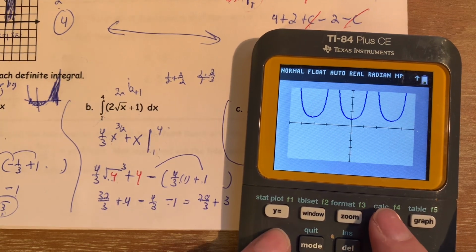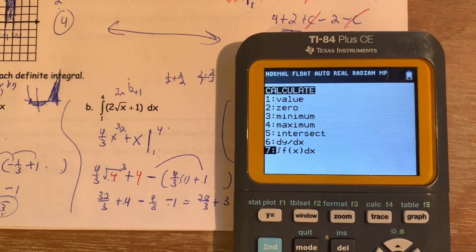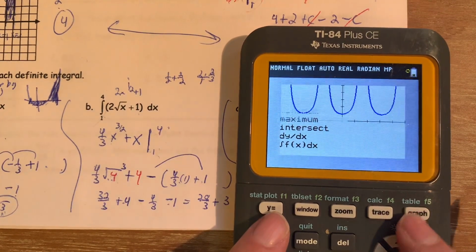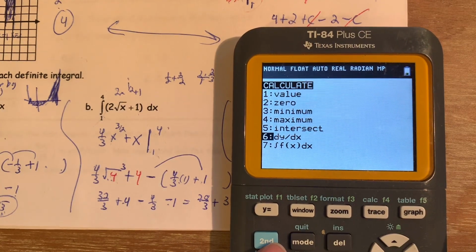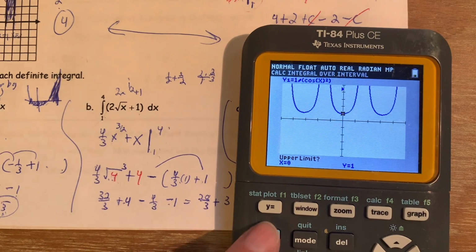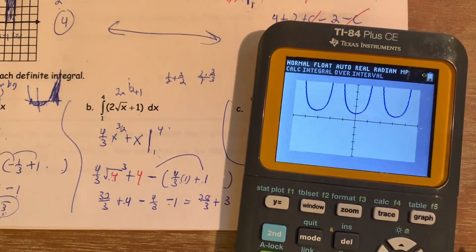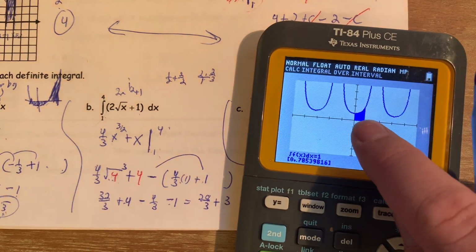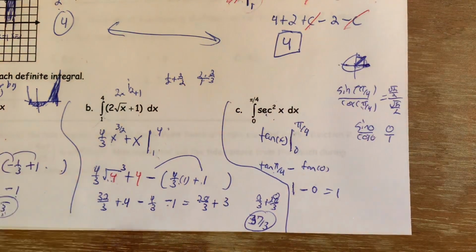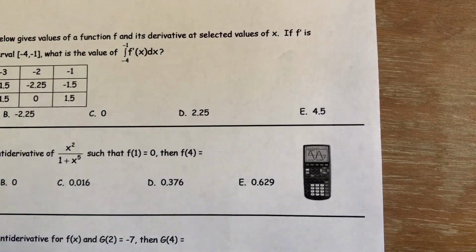Let's wait until it gets done. The integral from 0 to pi over 4, and it's this area. That area comes out to be 1. Crazy. Okay, so that's an area of 1. Nobody would have ever guessed that.